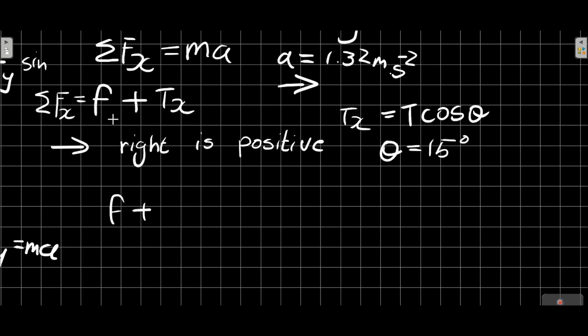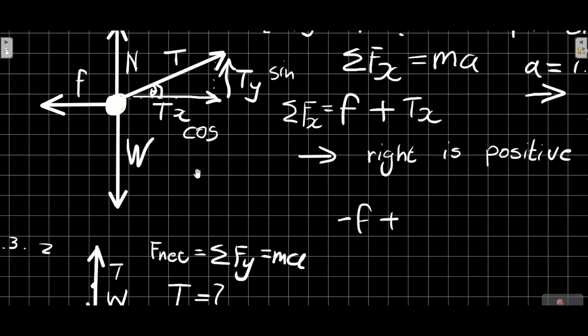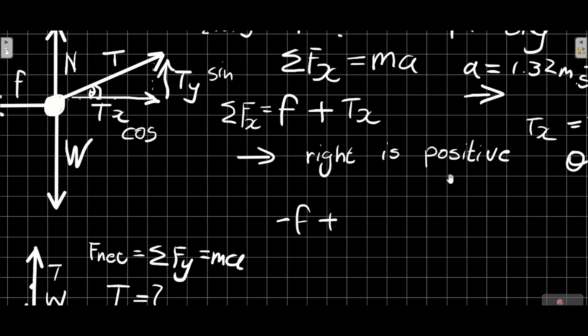So coming back to this, the sum of forces along X is minus F. Why minus F? Because F is pointing towards the left, and we picked right as positive.